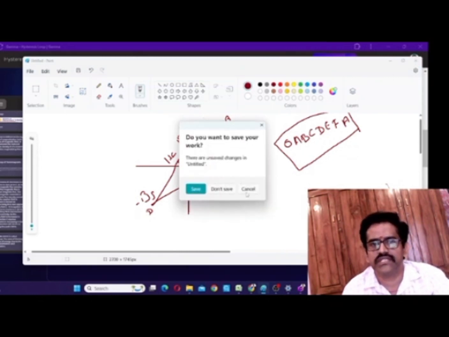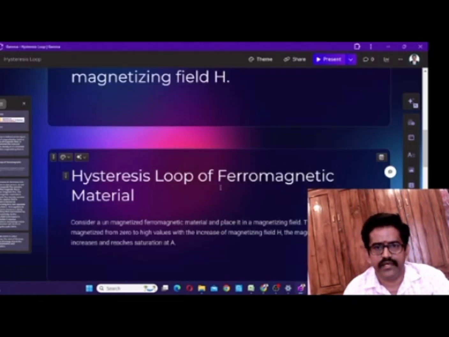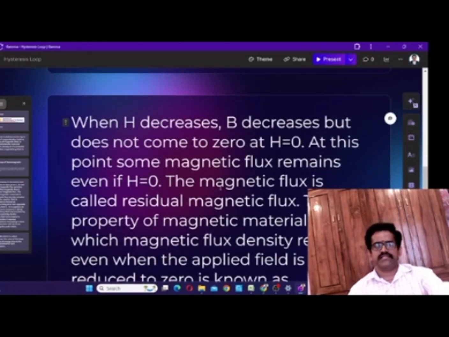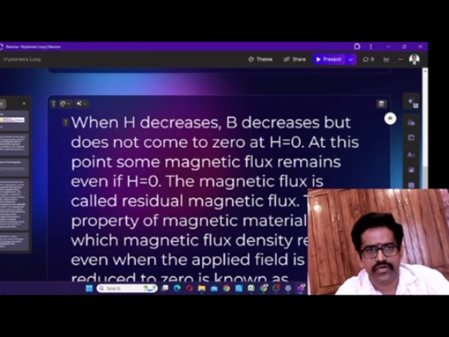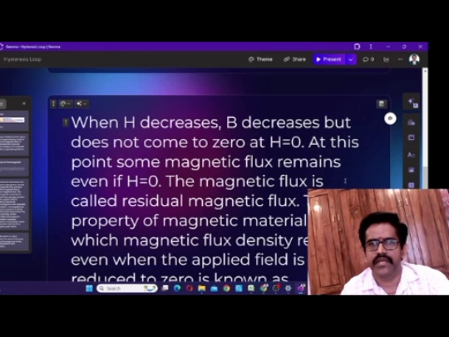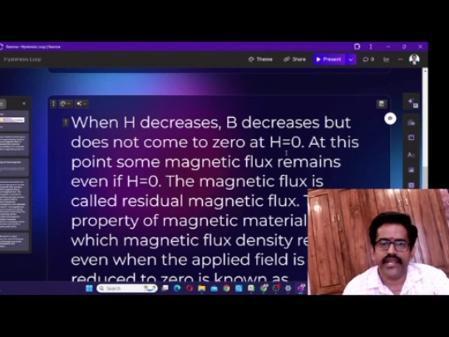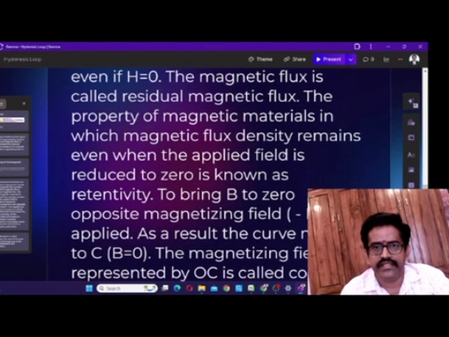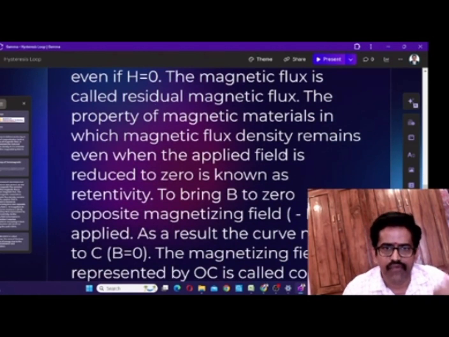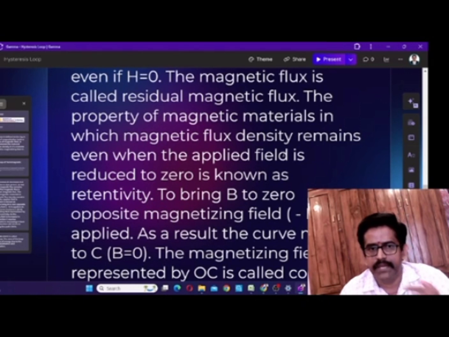Now we go to the theory. Here I have given the theoretical part. When H decreases, B also decreases, but does not become 0. Even at H equal to 0, B does not become 0. That point is known as retentivity. If you apply the negative magnetic field, then at a particular negative value of H, the B becomes 0.